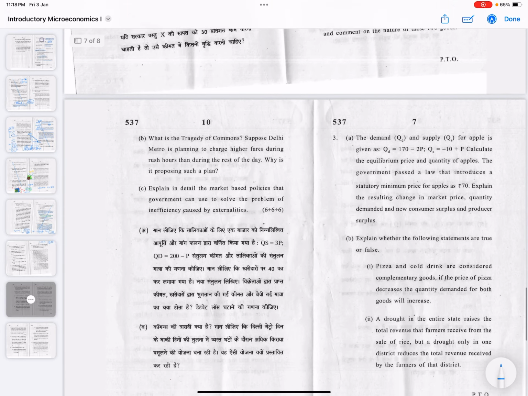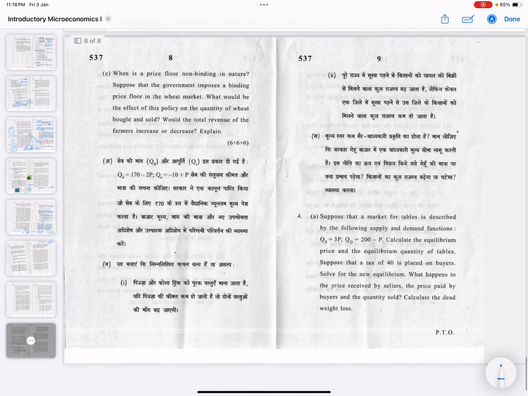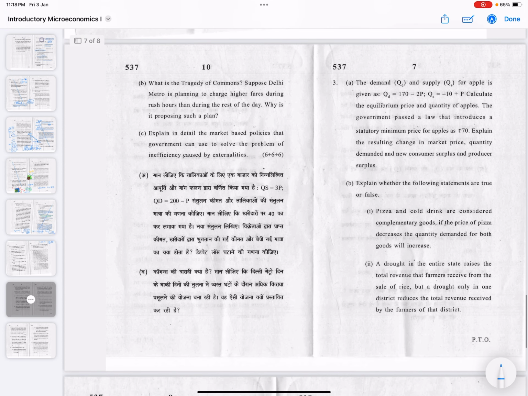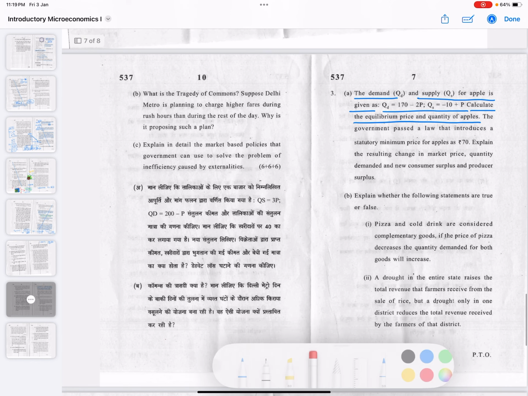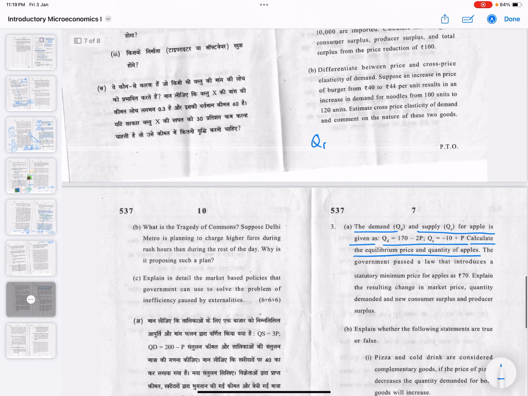Now we are doing the third question. Okay, we'll do the third question first. The quantity demanded and supplied for apple is given by, calculate the equilibrium price and quantity of apples. So you can just equate: quantity demanded, 170 minus 2p, should be equal to quantity supplied, which is minus 10 plus p.